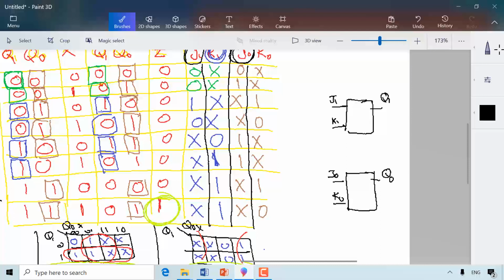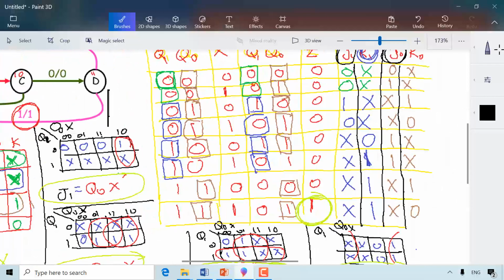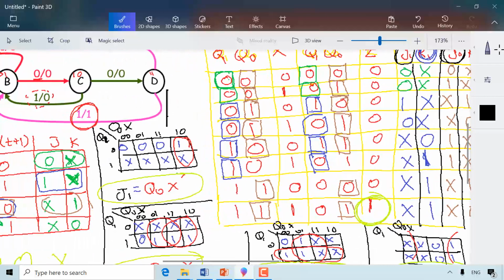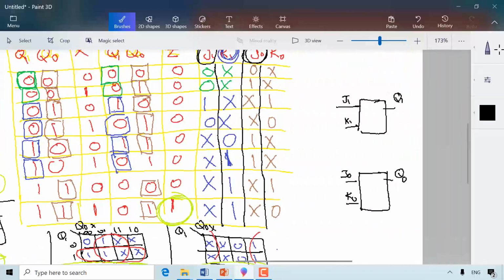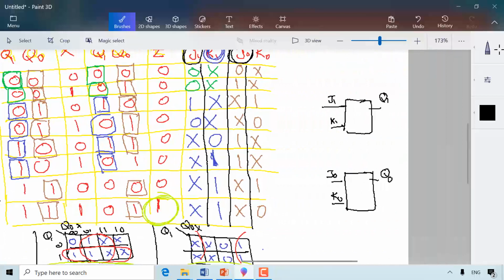Okay? Now, I have computed J1 and K1. So from my previous computation, from the equations, you can see that J1 and K1, I have already computed them. So J1, for example, is Q0 X prime. Okay, J1 is Q0 X prime, and K1 is X or Q0.